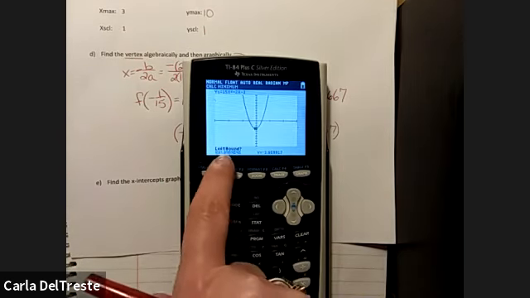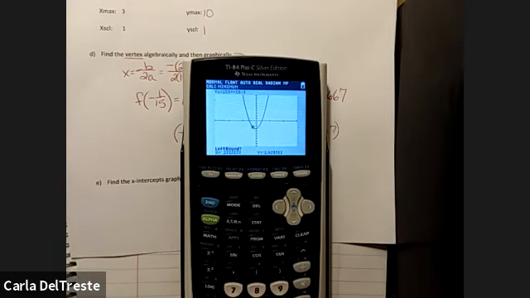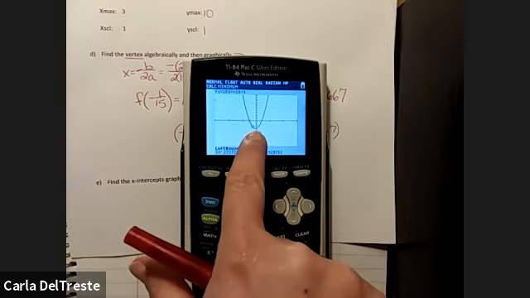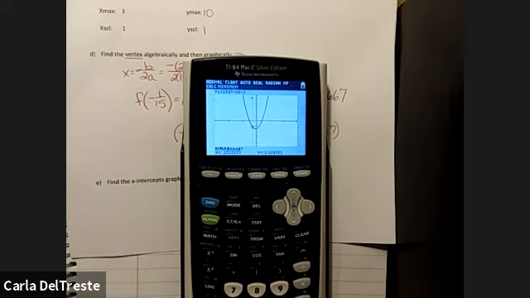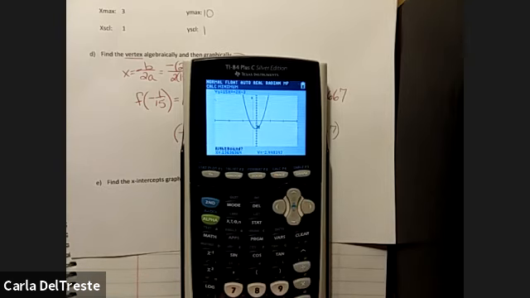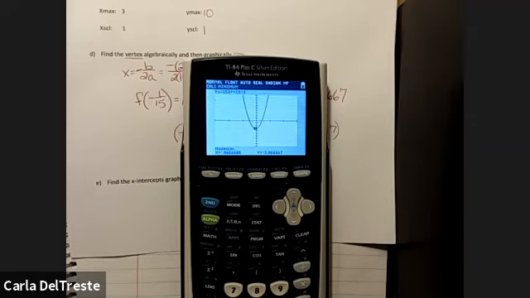And then I have to follow the prompts. It says left bound. I'm going to go anywhere to the left, so anywhere on this side of the valley. And I'm going to hit enter. And then it asks me right bound. I have to pass through and go anywhere to the right of the valley. And then it says make a guess. So I go somewhere close to the valley and I hit enter.